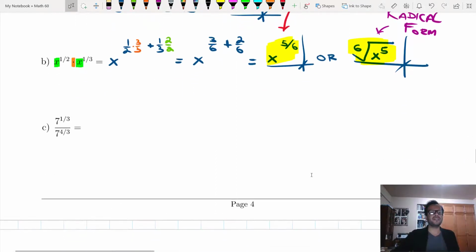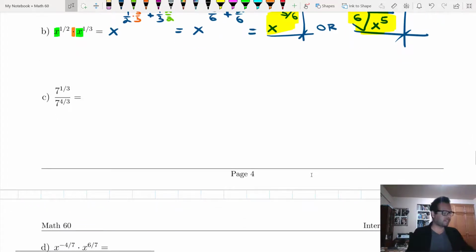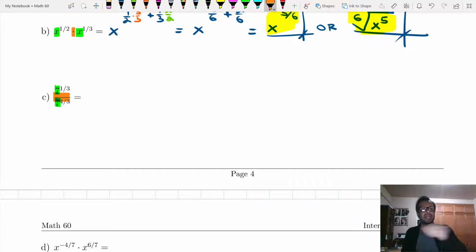Okay, let's look at the next example. We have a quotient of two quantities in which the bases are common, the same base. However, this time the operation implied between them is division, and we know by that bar, with one quantity at the top and the other at the bottom.